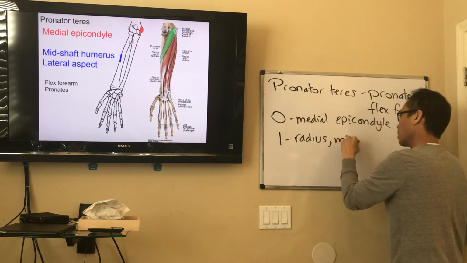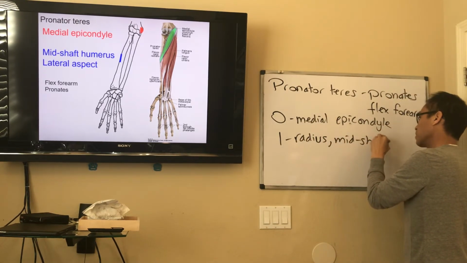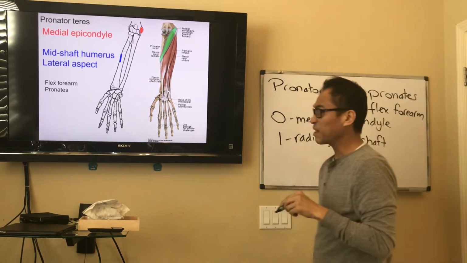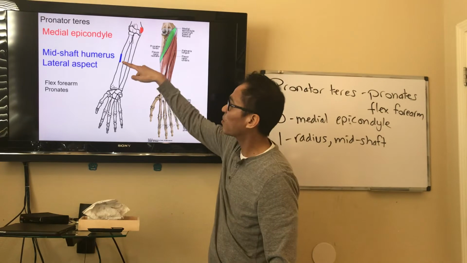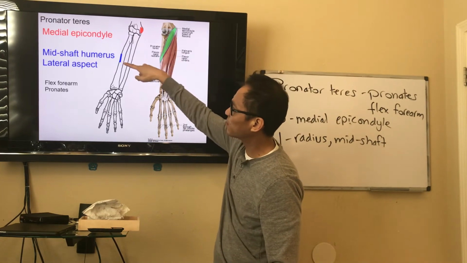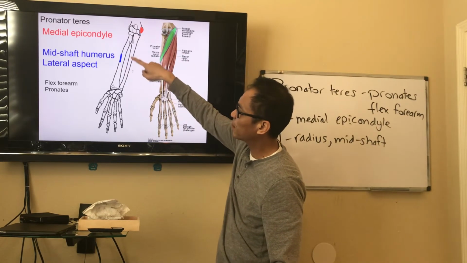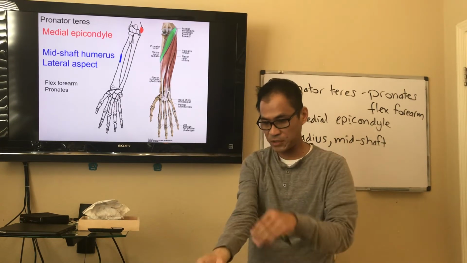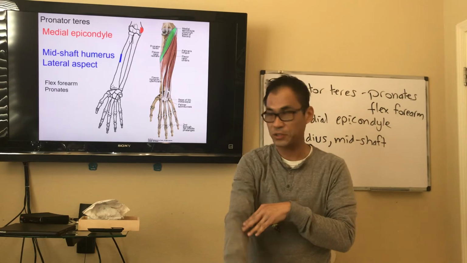Radius, mid-shaft, lateral aspect. It's important you get into the lateral aspect. So when it contracts, it's going to spin the bone this way. It's going to pull it this way for pronation.